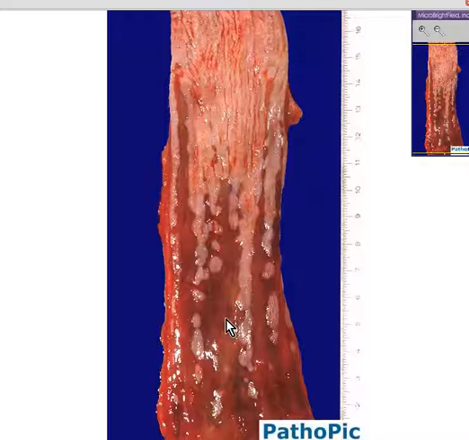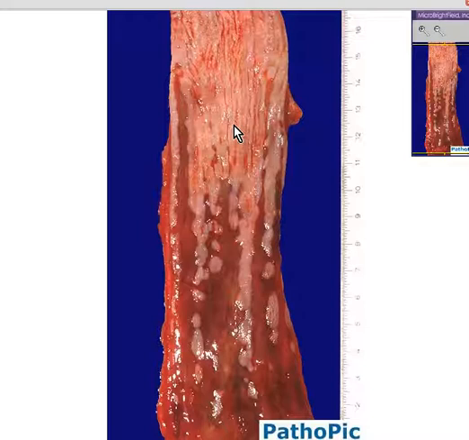The normal squamous mucosa of the esophagus is replaced by glandular mucosa as an adaptive process, usually because there is a reflux of gastric material into the esophagus, and therefore the esophagus responds to handle this gastric material by becoming more gastric-like and less squamous-like.